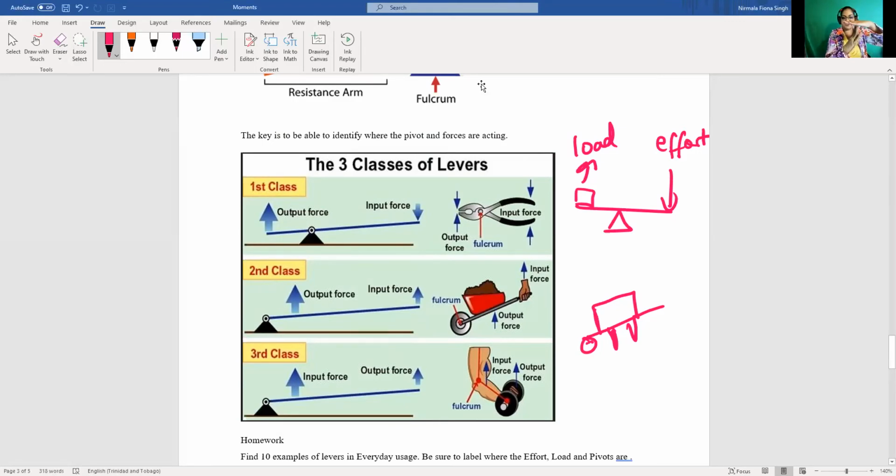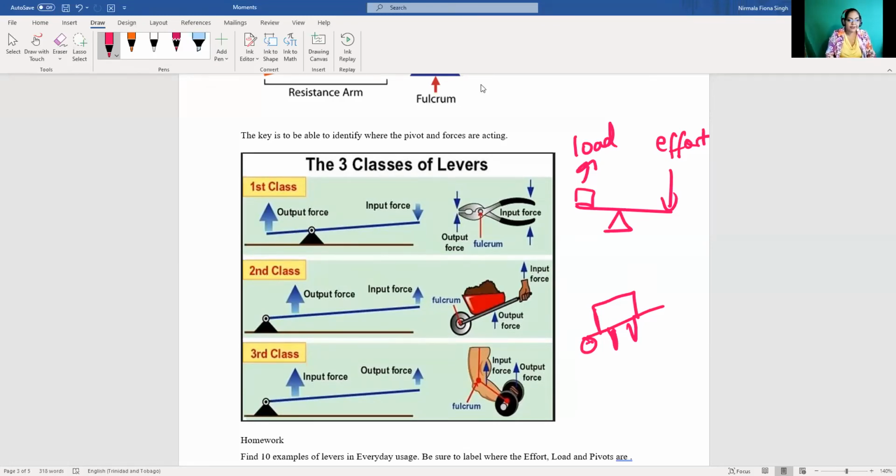Our pivot is usually where our things go up and down. For a wheelbarrow, if this is our wheel, we could lift and drop our wheelbarrow depending on how we angle it to the wheel. So our wheel ends up being our pivot or fulcrum.